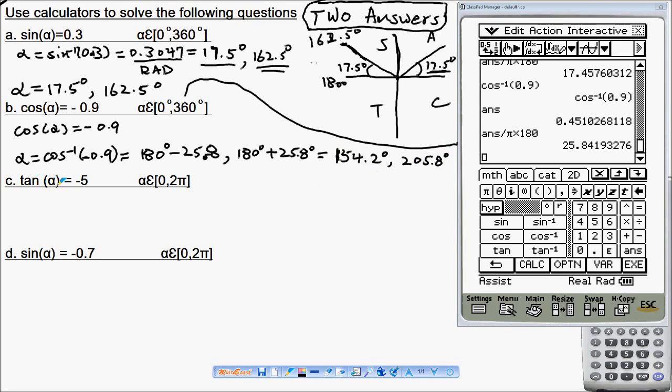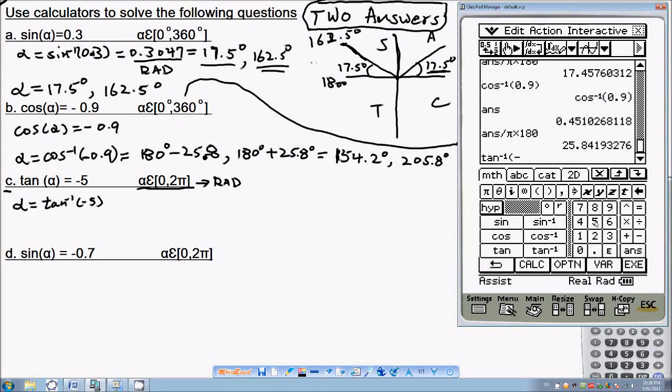In question C, the domain of the graph is in radians, so we have to give the answers in radians. Tangent alpha equals inverse tan of minus 5.